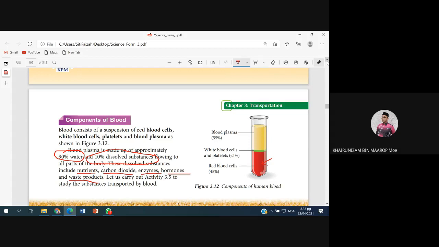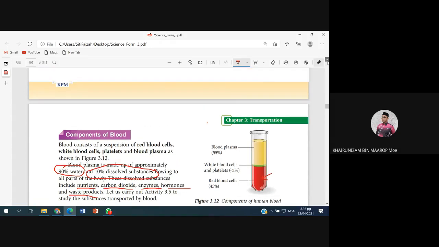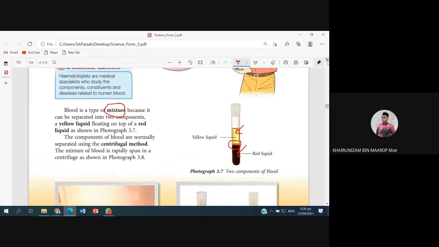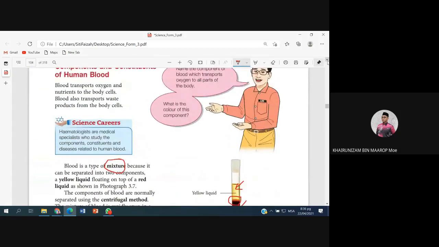That's why before this we discussed blood. Cikgu mentioned earlier that blood is also involved in the immune system against disease, right? Tak ada dalam buku ni.